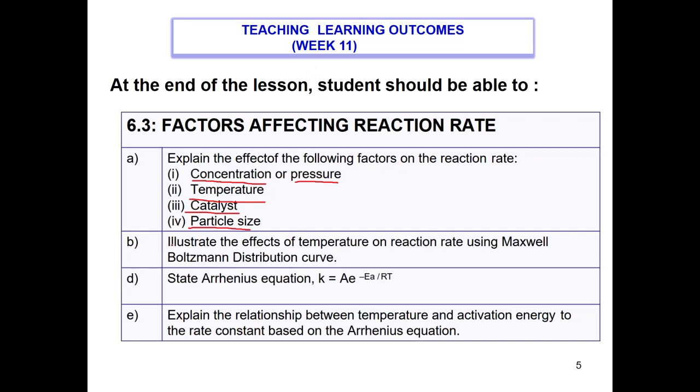Secondly, you should be able to illustrate the effect of temperature on reaction using the Maxwell-Boltzmann distribution curve. And then you should be able to state the Arrhenius equation, which is k = A e^(-Ea/RT).